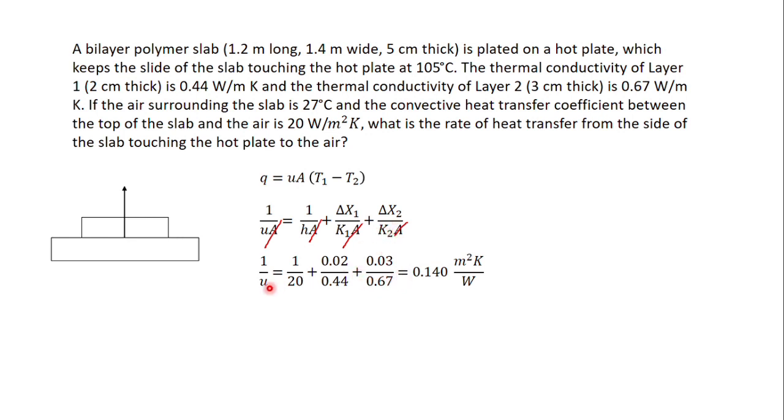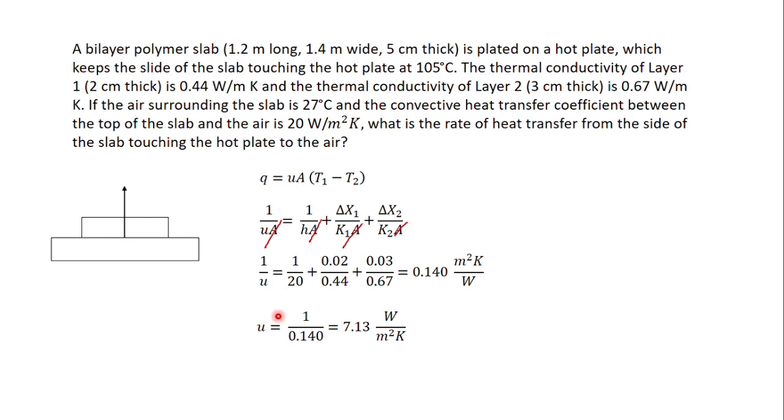So plugging it into our calculator, we get 0.140 square meter times Kelvin per watt. So we have to divide 1 by that to get the value for U. So 1 over 0.140, the answer is 7.13 watts per square meter times Kelvin.